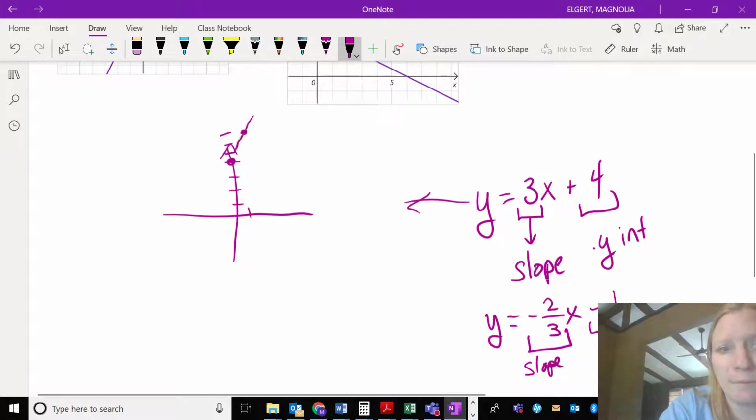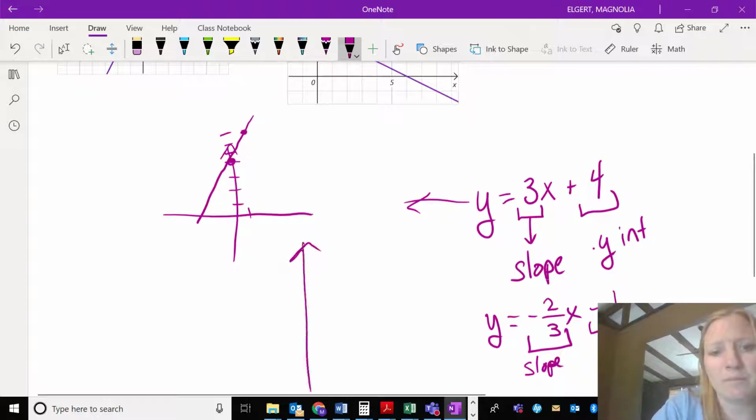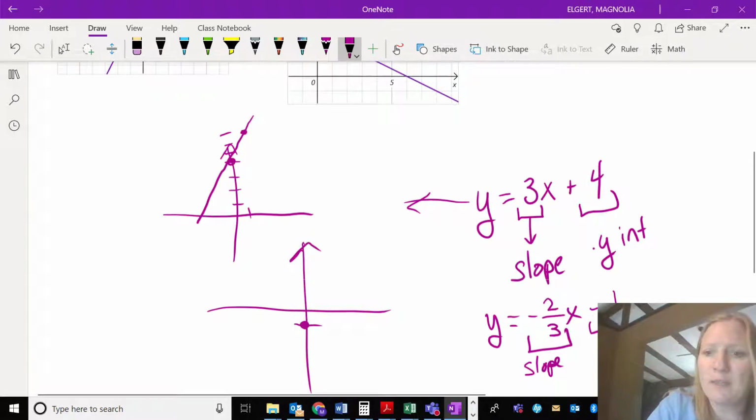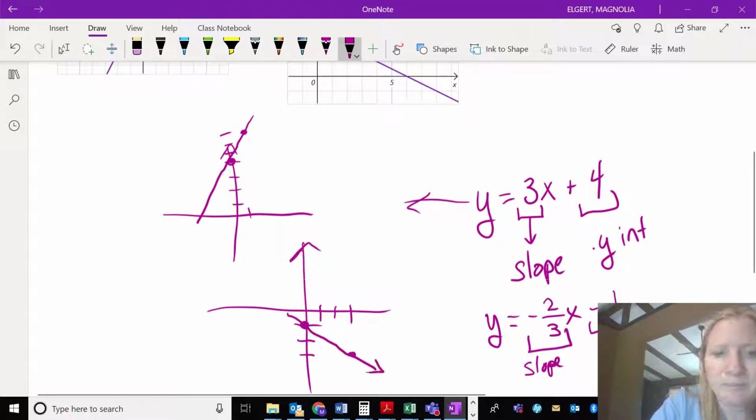Remember the pattern, and we would draw our line. Or for this problem, this one would start at -1, so I'd have a point at -1. My slope is negative 2 over 3, so that means I go down 2, and then 3 to the right. So 1, 2, 3 to the right. I can draw my line.